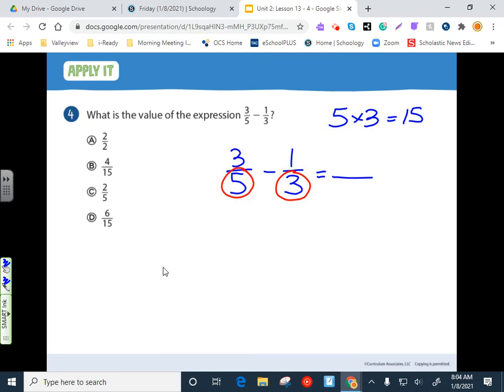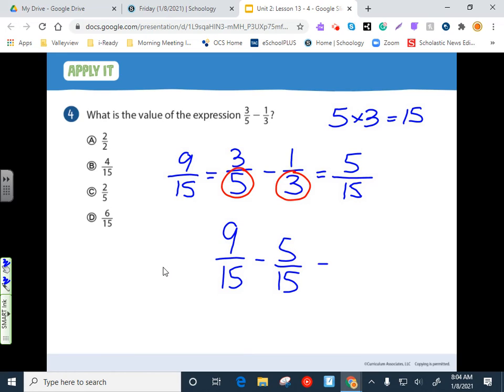So 1/3 becomes 5/15, and 3/5 becomes 9/15. So we have 9/15 minus 5/15, and we have nothing to borrow from. 9/15 minus 5/15 is 4/15, and that would be B.